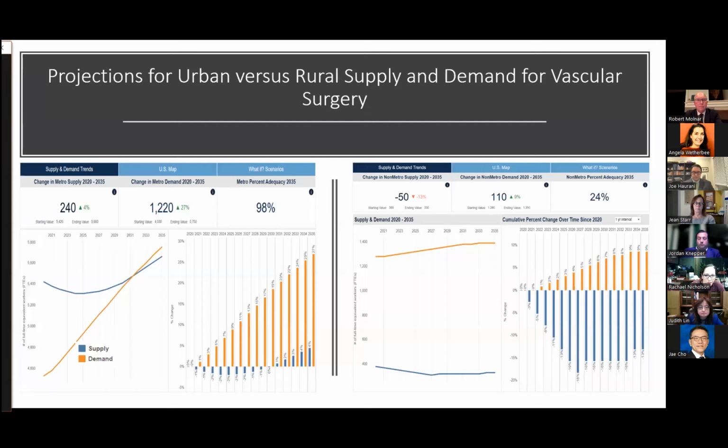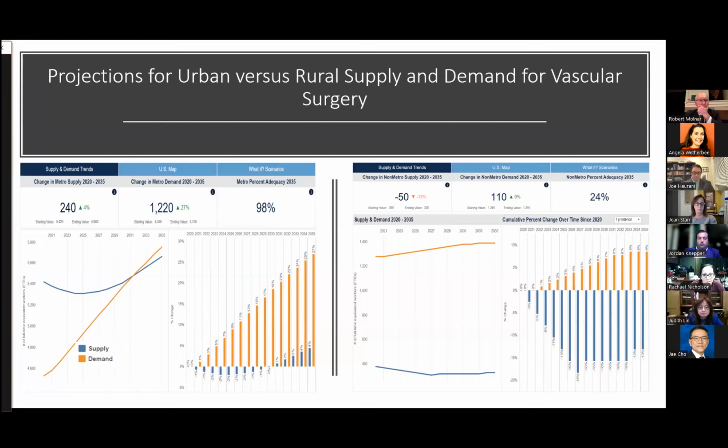In Iowa, we have a certain amount of geographic challenges because it's such a rural state. So looking at this, the Department of Health and Human Services has a number of data charts out there for looking at the supply and demand for vascular surgery in the future.